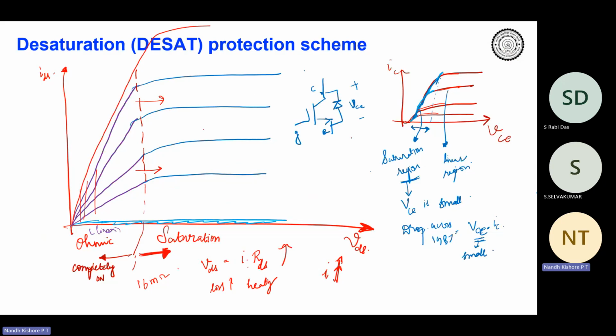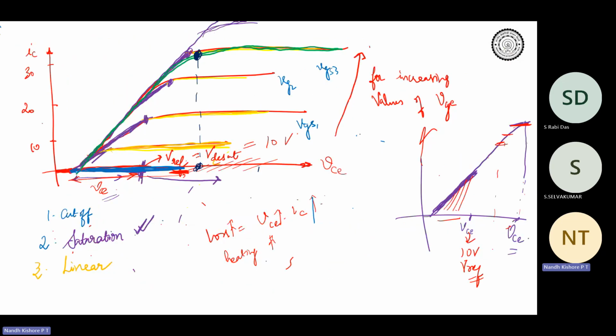Same for MOSFETs and IGBTs. For a MOSFET, that is somewhere in the ohmic region, and if you are operating an IGBT, then you are going to lie somewhere in the saturation region. Basically, you're still on this linearly increasing curve, right?